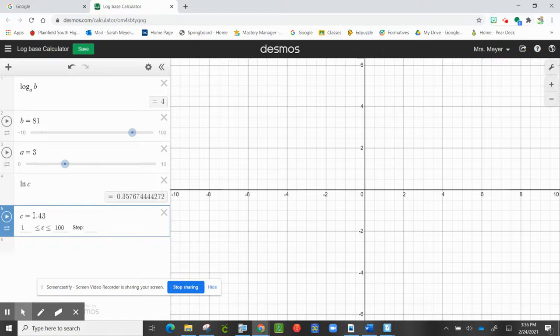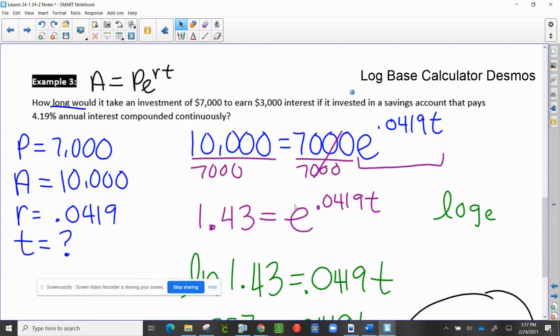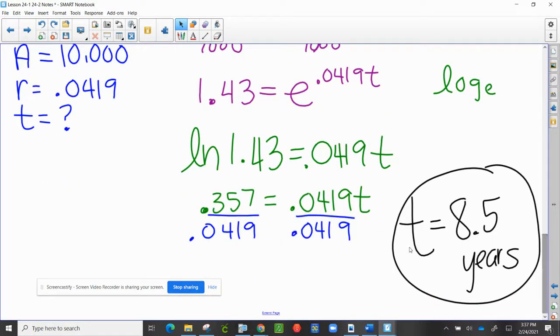Type in the 1.43, and you get that decimal, just like I did on my problem, 0.357, and then divide out that coefficient for t. Again, it wasn't a nice problem because of all the decimals and not nice answers, but we could still accomplish it. You just have to use a lot of calculator work.